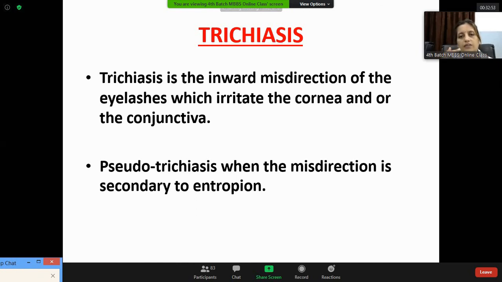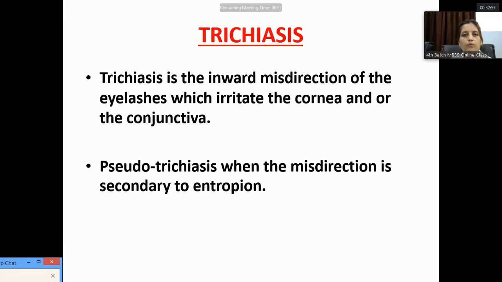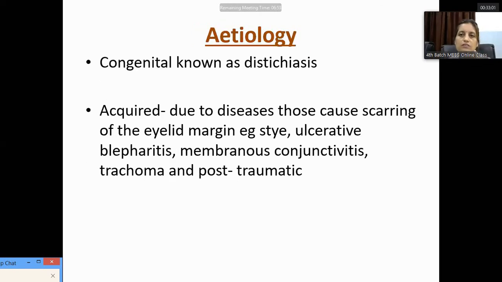But in trichiasis, only a few lashes touch the globe. It can be congenital, which is called distichiasis, or acquired by scarring of the eyelid margins from conditions like Stevens-Johnson syndrome, ulcerative blepharitis, membranous conjunctivitis, trachoma, and also following trauma.